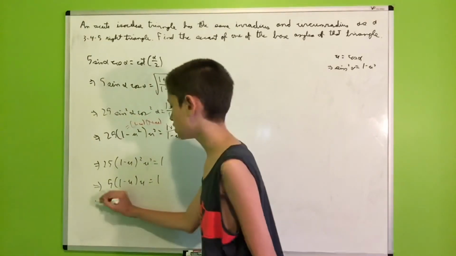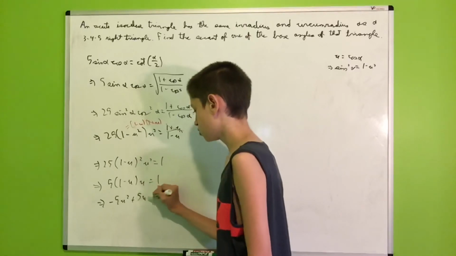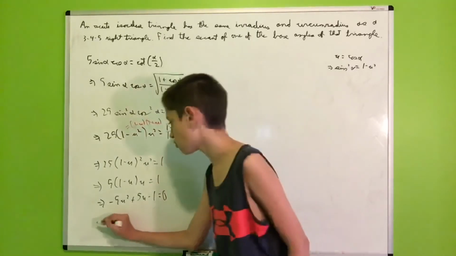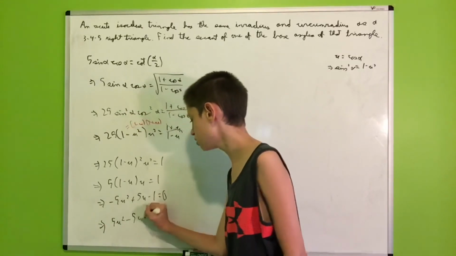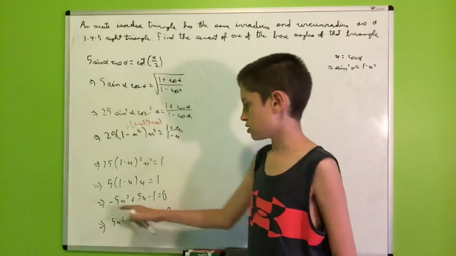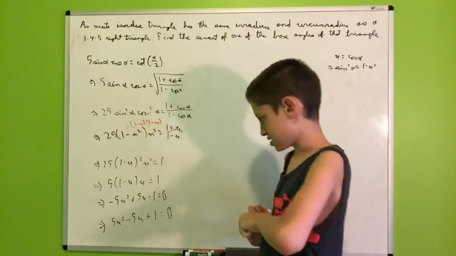Expanding everything out, we get minus 5u squared plus 5u minus 1 is equal to 0. And multiplying everything by negative 1, we get 5u squared minus 5u plus 1 is equal to 0. This multiplying by negative 1 is simply just writing the equation nicely.